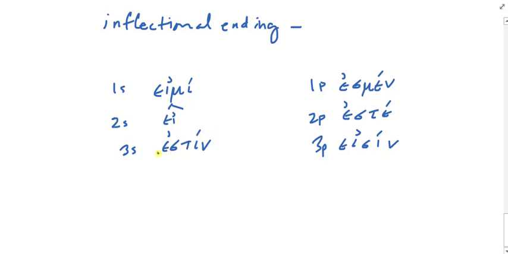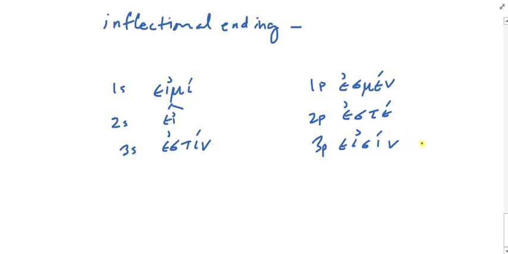Okay, but in the third singular and the first and second plural, there's no diphthong here. It's just the epsilon, and so the smooth breathing will go directly over that. Okay, so let's say these one more time. Ready? Eimi, a, estin, esmen, este, esin.